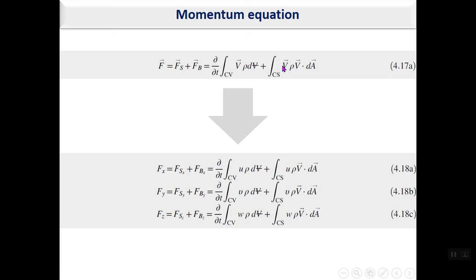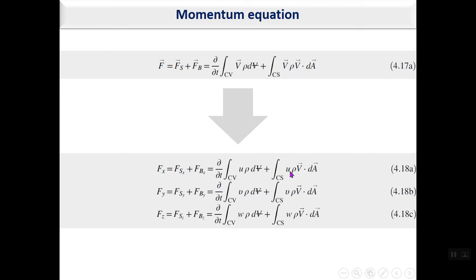But there is an important point here that you should consider, and that is this part, which is the dot product between V and dA. You cannot put, for example, u instead of V here, because first you should do the math for the dot product, and then you can put the appropriate value.